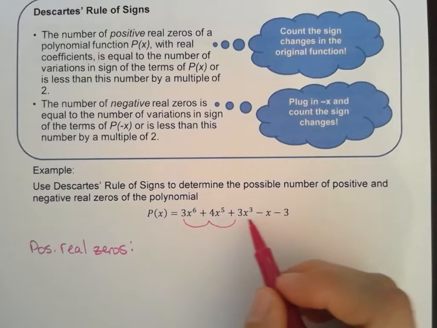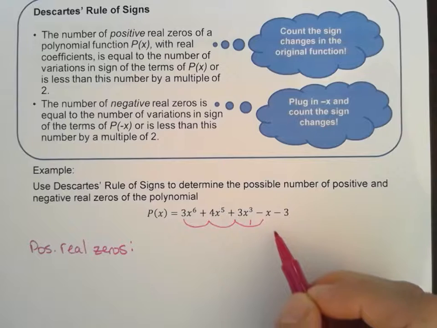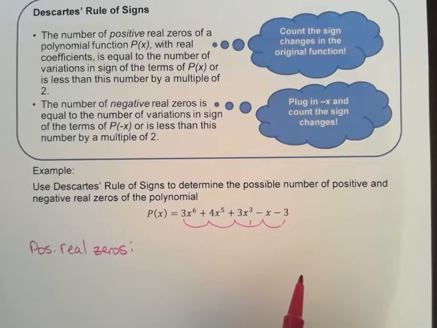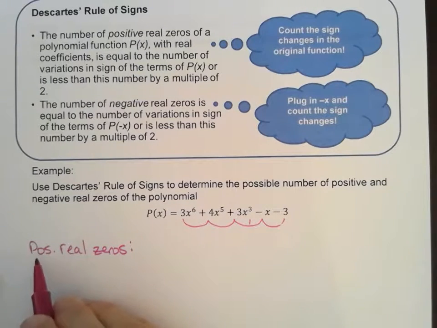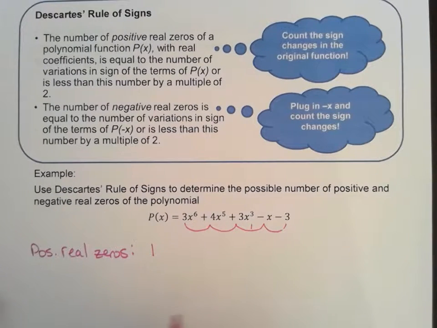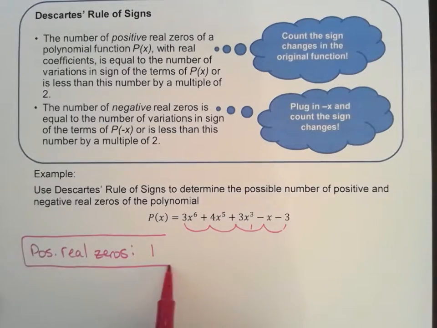That doesn't count. This goes from positive to negative. That's one sign change. Then it goes from negative to negative. That doesn't count. So the number of positive real zeros is just 1. So once you find that positive real zero, you don't have to test any more positive numbers because you already found it. Make sense?